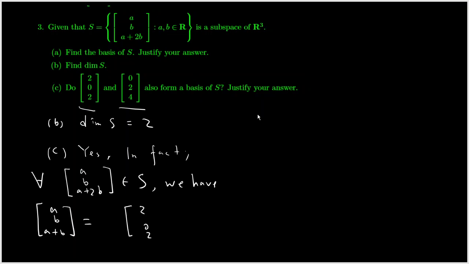The first vector is (2, 0, 2). The second vector is (0, 2, 4).